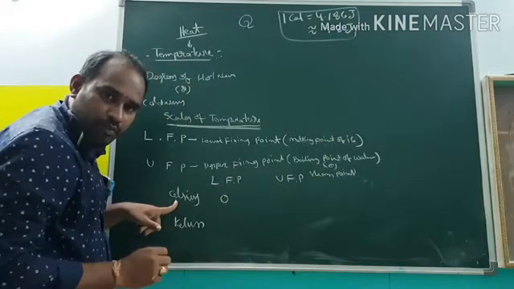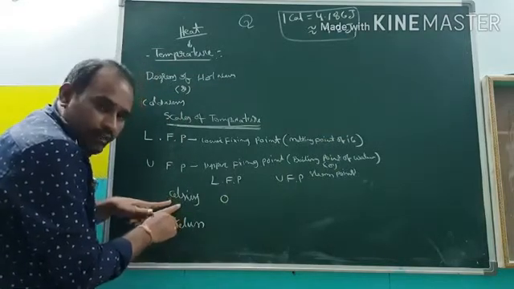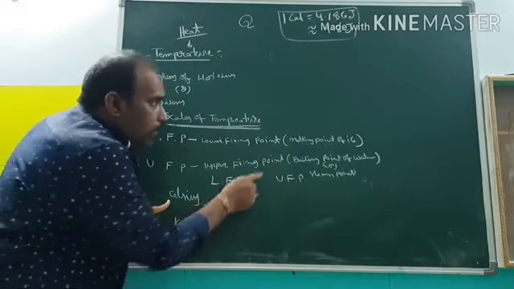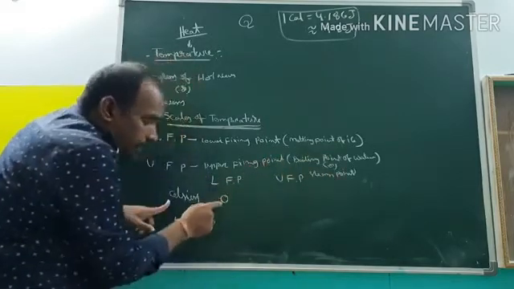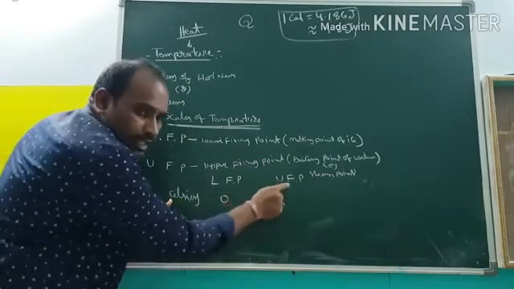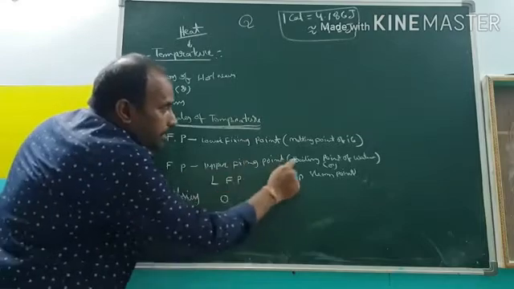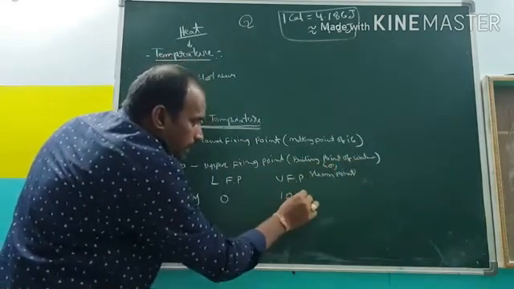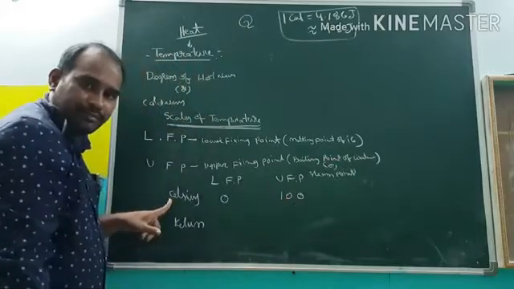Are you clear now? In the Celsius scale, lower fixing point is how much? 0. Lower fixing point means melting point of ice is taken as 0. Next, in the Celsius, upper fixing point. Upper fixing point means boiling point of water. Boiling point of water is taken as 100.